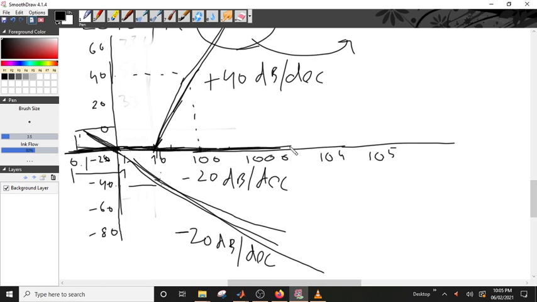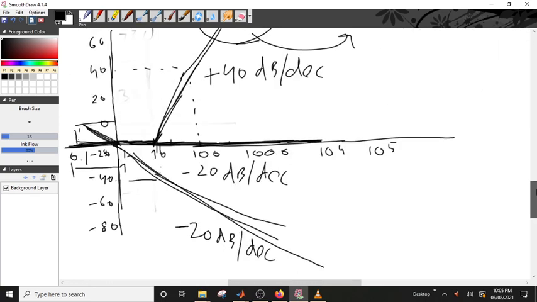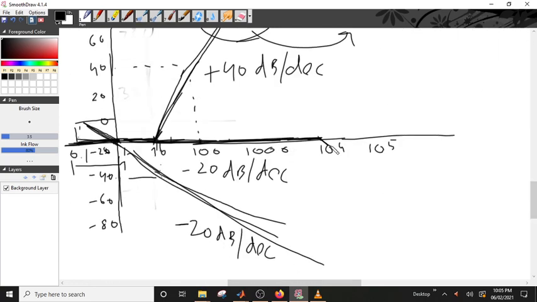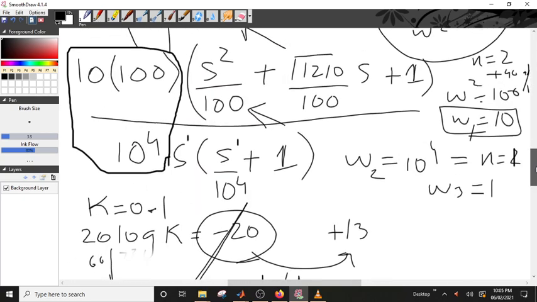That was the concept for the S plus A term. Now you just decide if it's a 0 or a pole. It's a pole, right? So we move on minus 20 dB per decade. Its decade ends here, so it should make minus 20 dB here, and then it should move on.